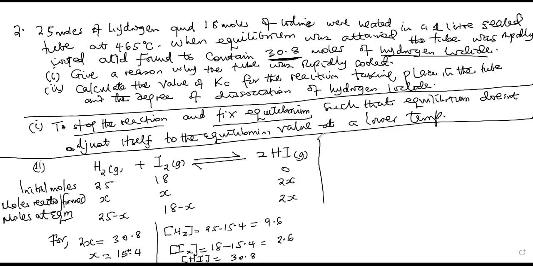Then now we get Kc. So Kc is equal to the concentration of hydrogen iodide squared, divided by the concentration of hydrogen raised to the power 1 times the concentration of iodine raised to the power 1.